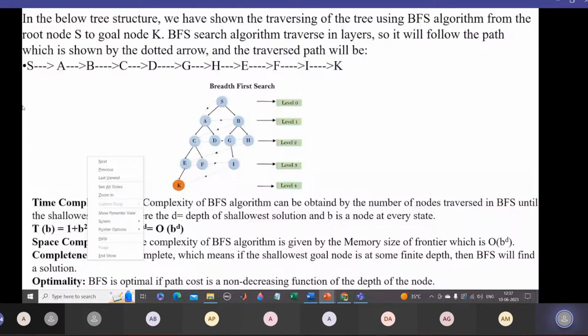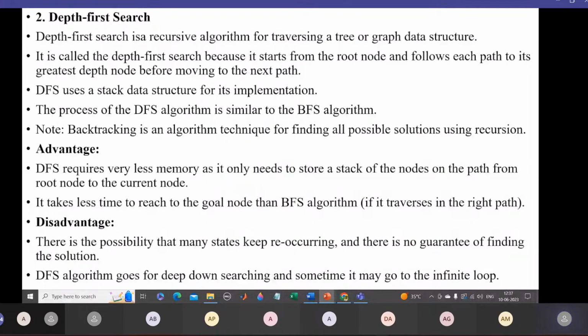Okay, this is your breadth first search. Next is depth first search. You have to go to the depth, the final leaf node, and from there you have to backtrack. It is a recursive algorithm for traversing a tree or a graph structure.